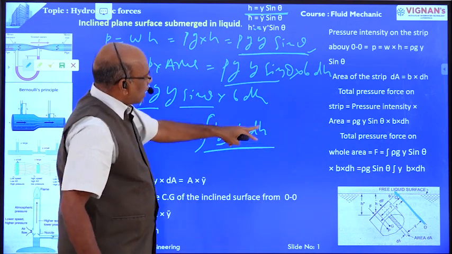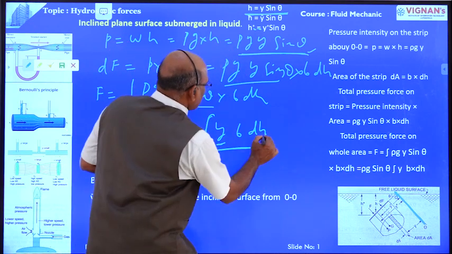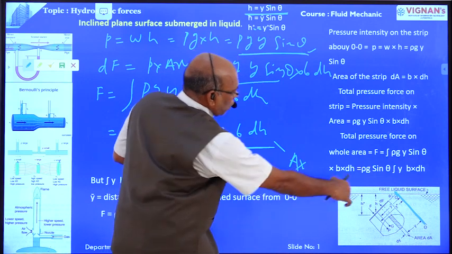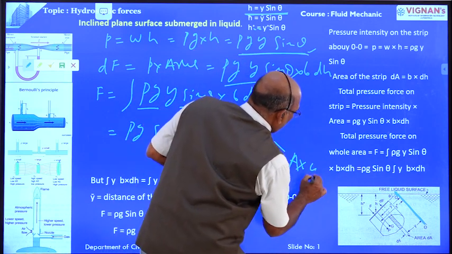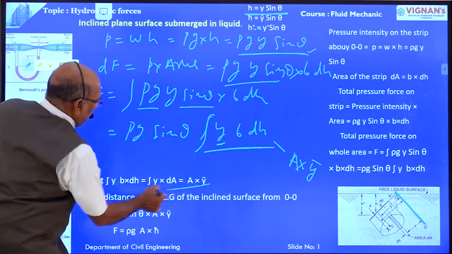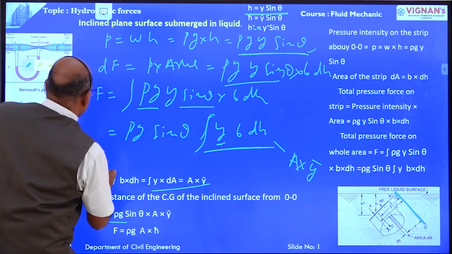Therefore this is also nothing but area into y bar.